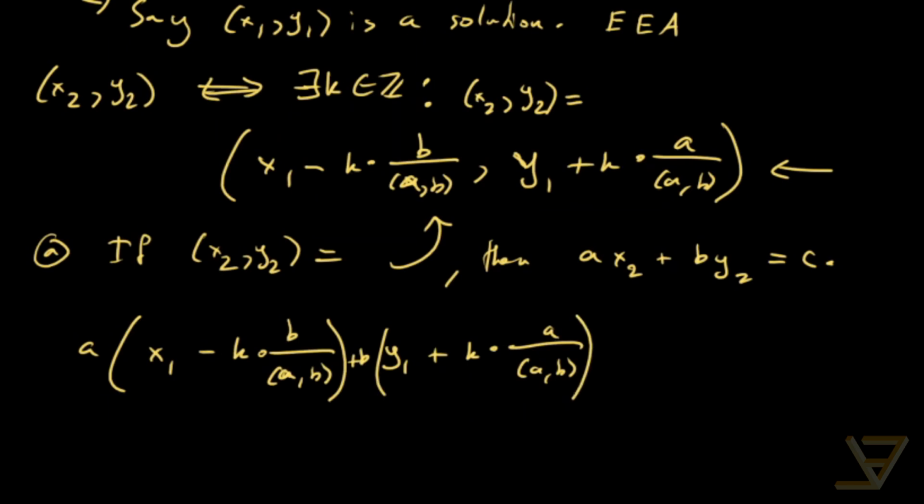And you can see that there's going to be some cancellation. This is going to cancel out with this, and we're going to be left with ax1 plus by1, and that's just equal to c, since we're assuming that x1, y1 is a solution.